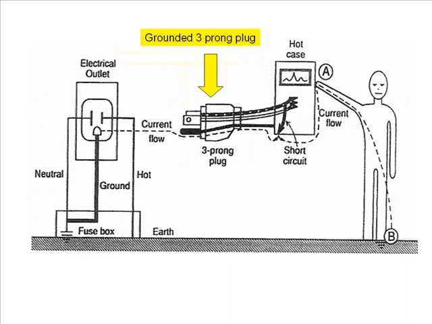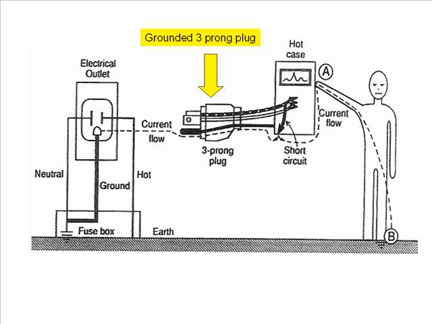If we have a grounded three-prong plug, then if there is a short circuit from the hot wire to the case, that case being grounded means that all of that electricity goes through the ground wire, and a circuit breaker will blow.